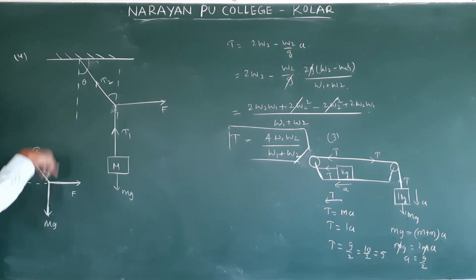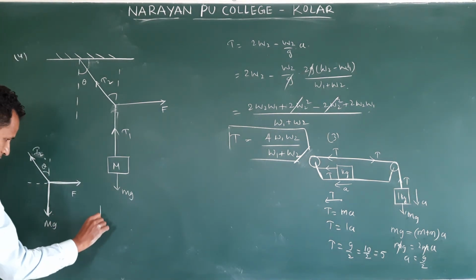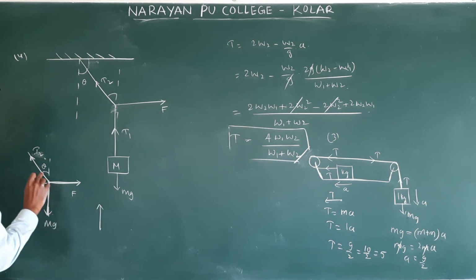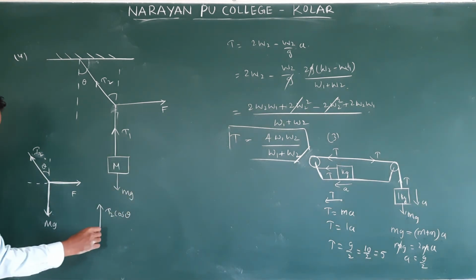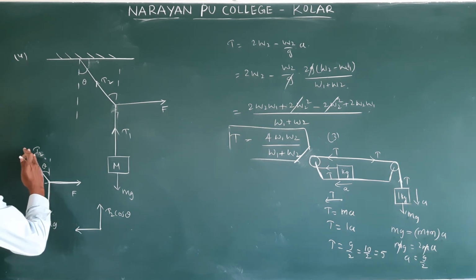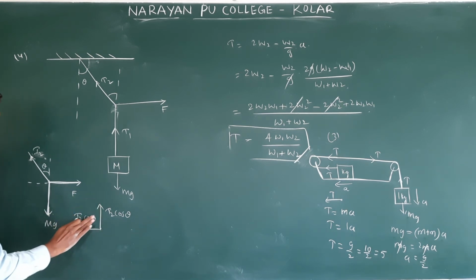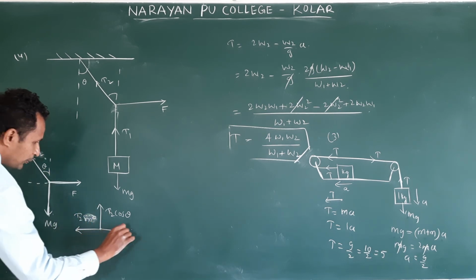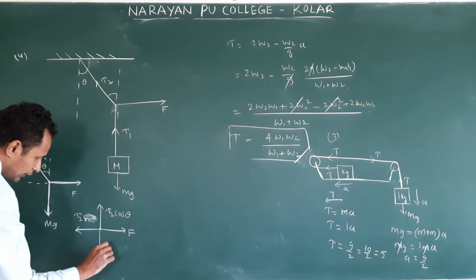If you resolve this along the y-axis, with theta substituted, T2 cos theta. And on this side, the vector is acting like this, resolve this side. That is T2 sin theta. Theta substituted on one side is cos, the other side is sin theta. This is balanced with F, and this is balanced with mg.